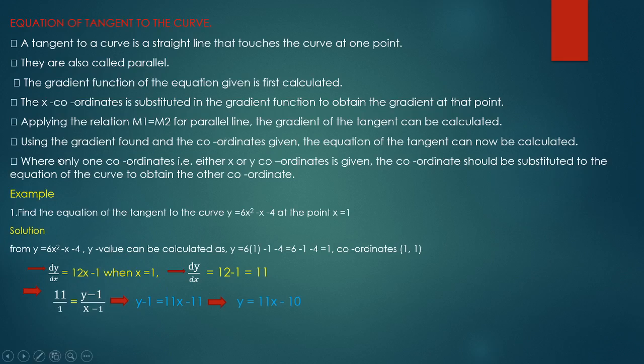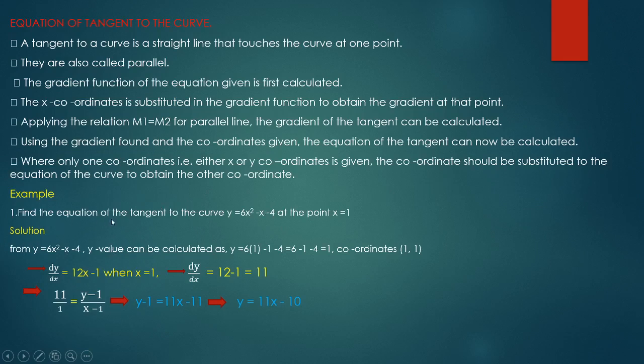Then using the gradient found and the coordinate given, the equation of the tangent can now be calculated. In a situation where we have only one coordinate given, let's say the x or y coordinate, the other coordinate should be substituted into the equation of the curve to obtain the other coordinate.